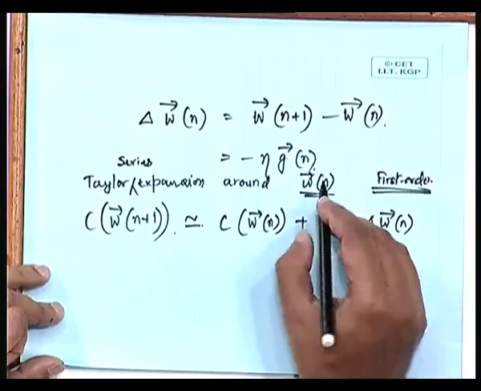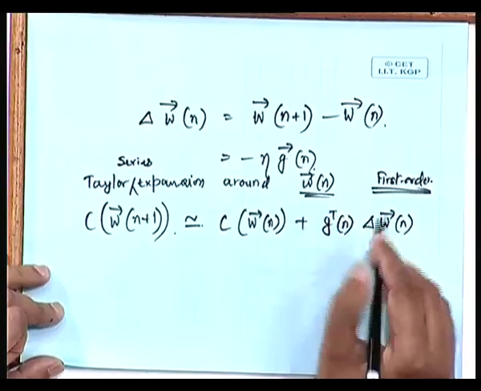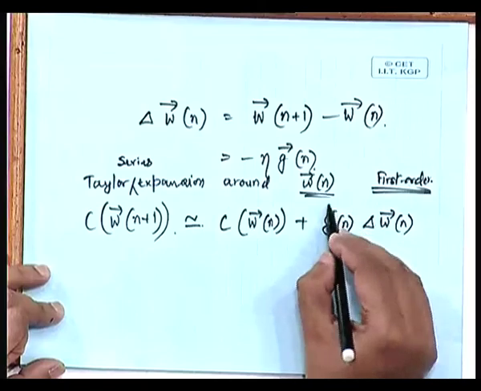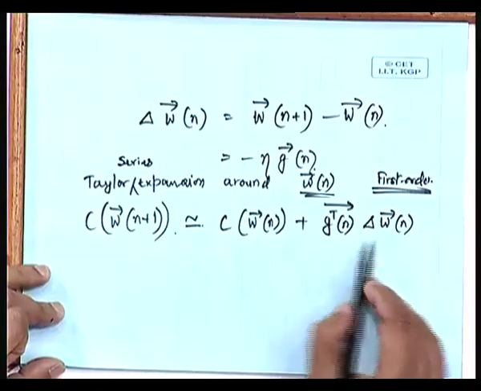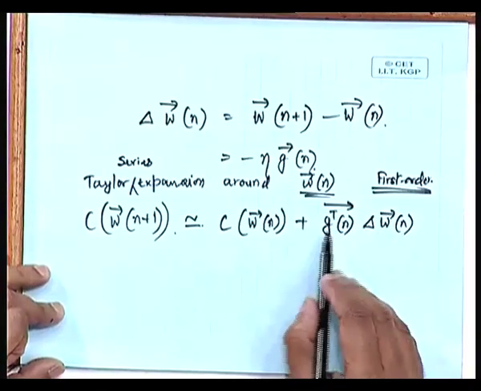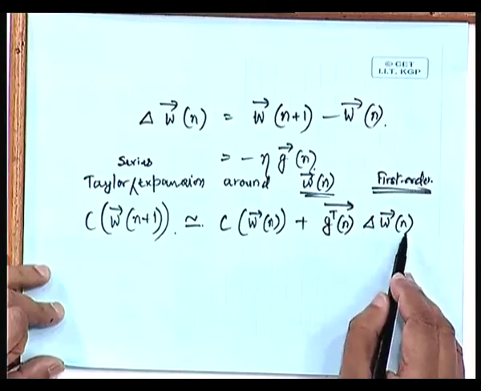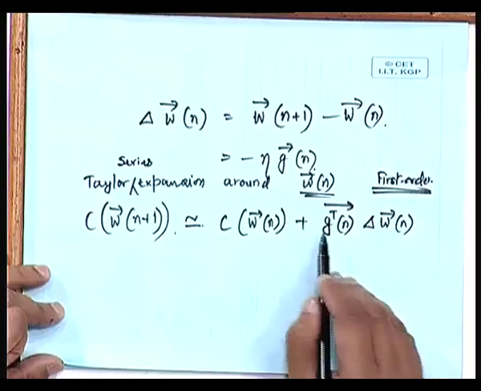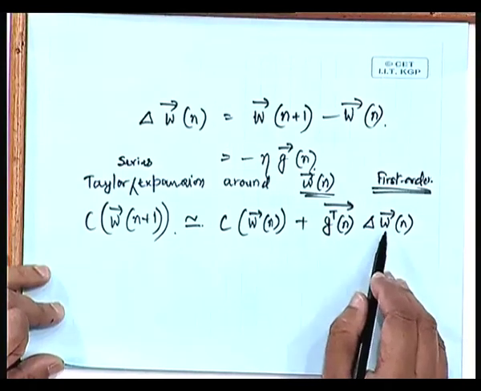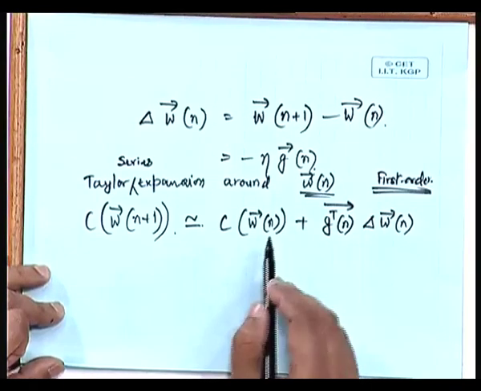So, that is why the expression that we should write down is G transpose n, so that ultimately we get the dot product of this G transpose and this delta W n. That should lead to a scalar quantity that we will add to this C W n.